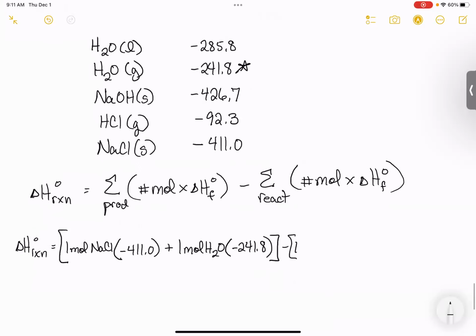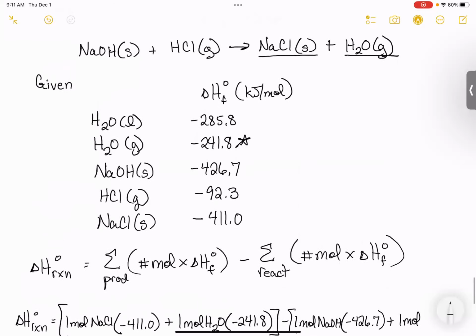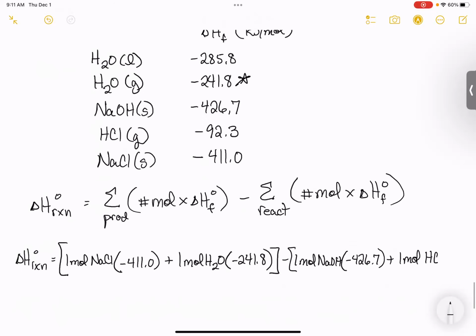So 1 mole of sodium hydroxide times negative 426.7 plus 1 mole of HCl gas times negative 92.3.